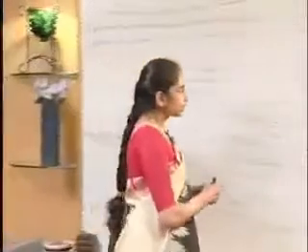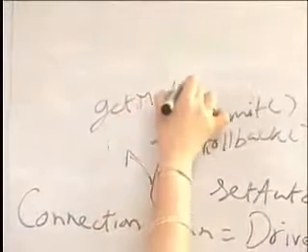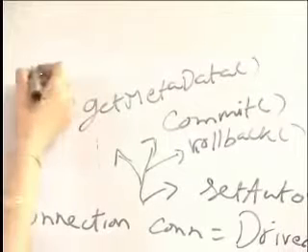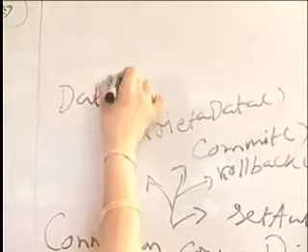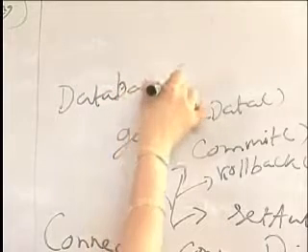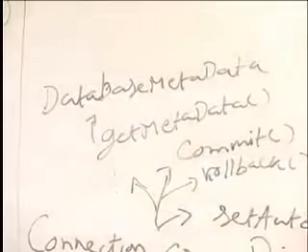The connection interface also has a method getMetaData. The getMetaData of a connection interface returns DatabaseMetaData. This is the return type of getMetaData.